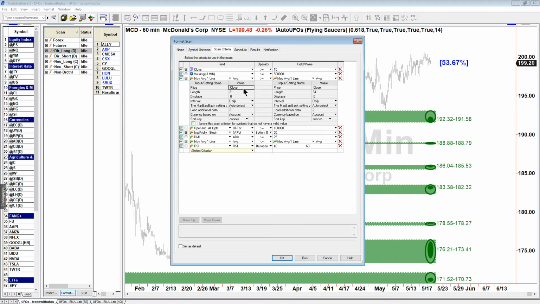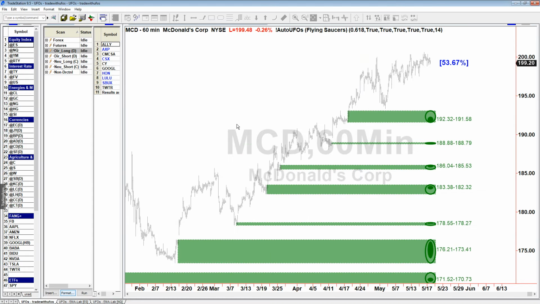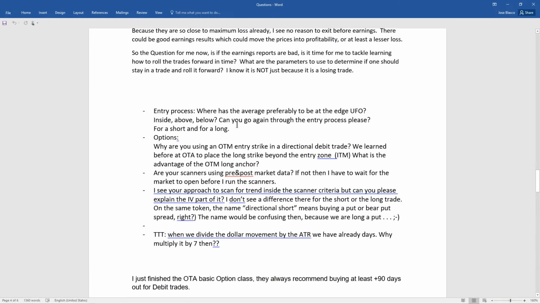So instead of close, let me see if it allows me to change. Okay, if you were to do last, now it's going to be utilizing pre and post market. But if you leave it at close, it will not. Normally I run the scan before the market opens, so I'm ready for the day, and I run the scan once per day, and that's it.